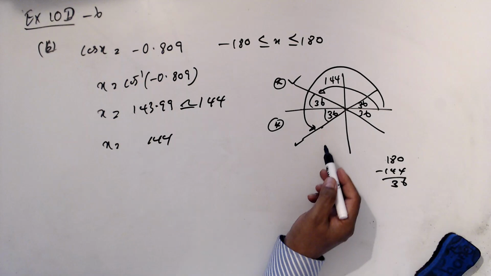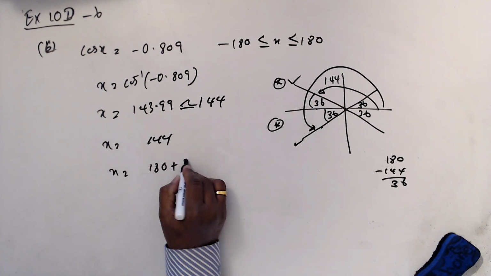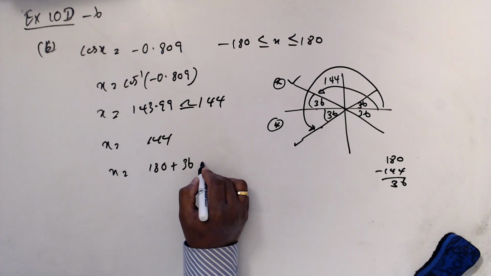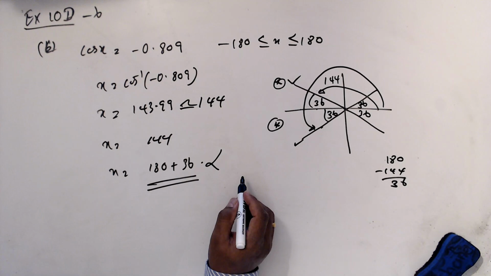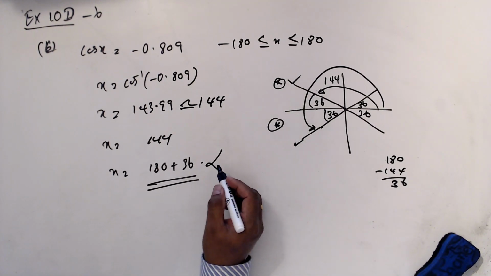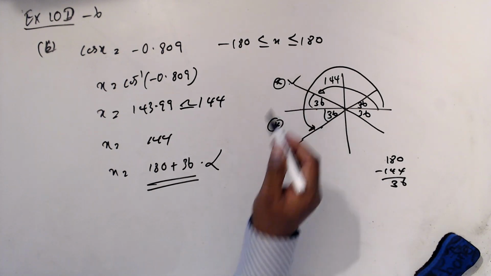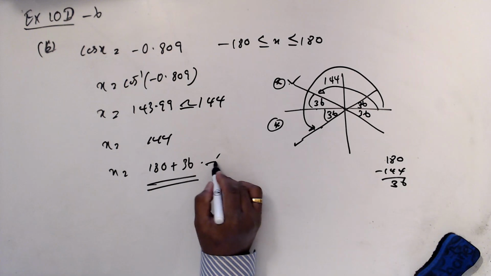That is 180 plus 36. So we don't need this answer. It is greater than 136. Now, but it's still okay. We use this one. 180 plus 36. What is the answer?